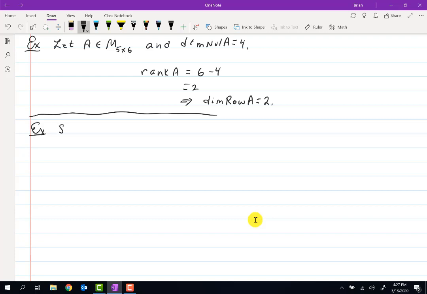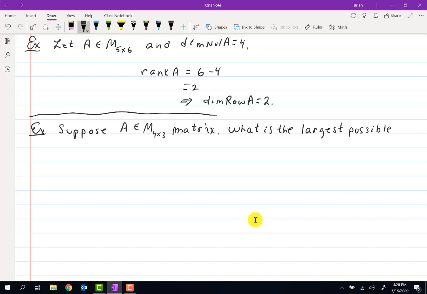Next, suppose A is a 4 by 3 matrix. What is the largest possible value of dim row A?